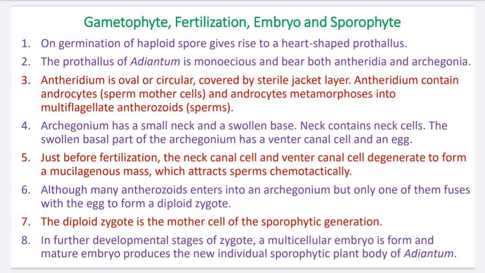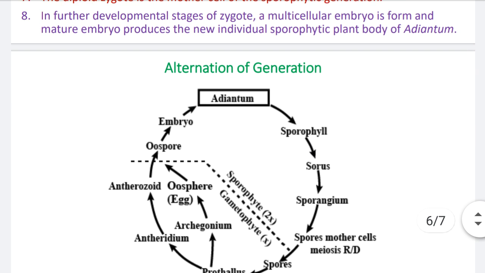So in this way, the spore germinates, prothallus forms, prothallus produces antheridia and archegonia, antheridium produces the sperm, archegonium has the egg, fusion of sperm and egg takes place, diploid zygote is formed, zygote causes the embryo, and embryo causes the new sporophytic plant body of the adiantum.